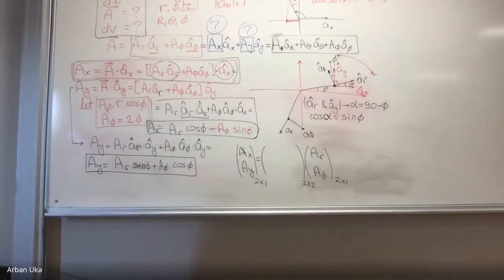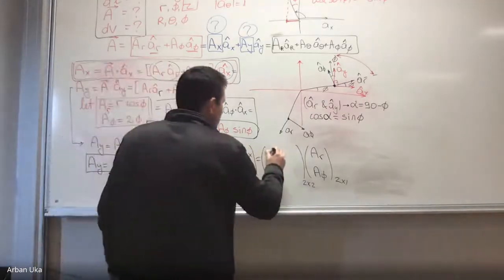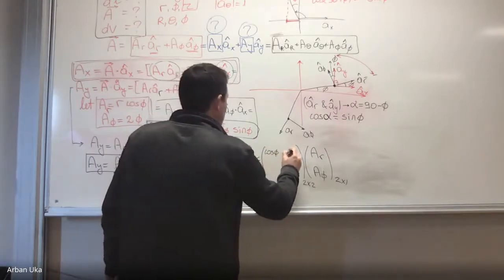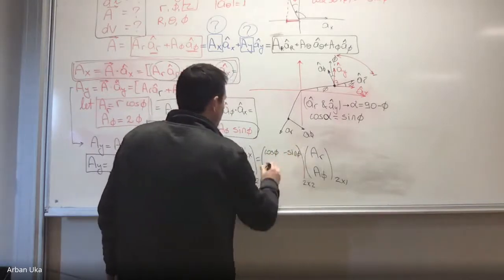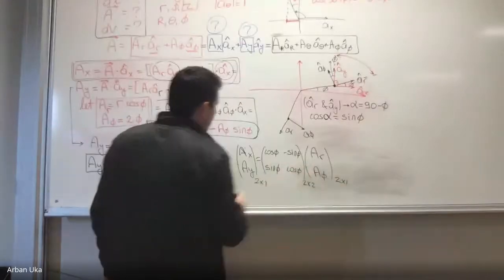In this case, the combination between A_R and A_X can be easily obtained from here, which is cosine phi, minus sine phi, sine phi, and cosine phi.